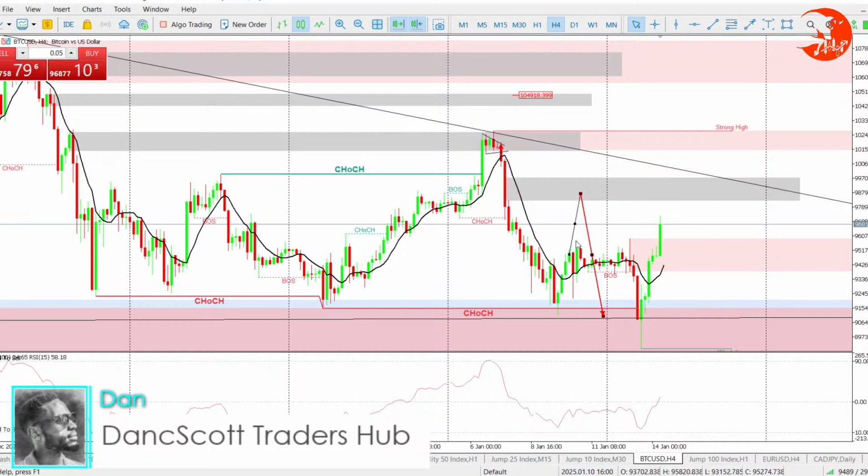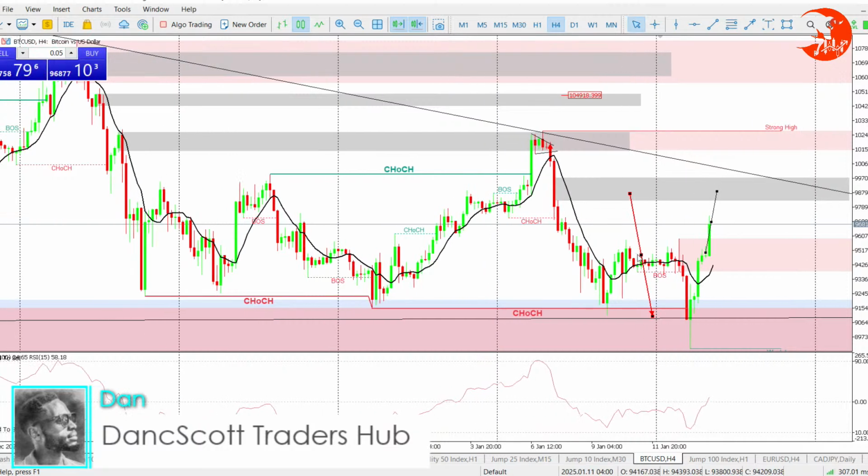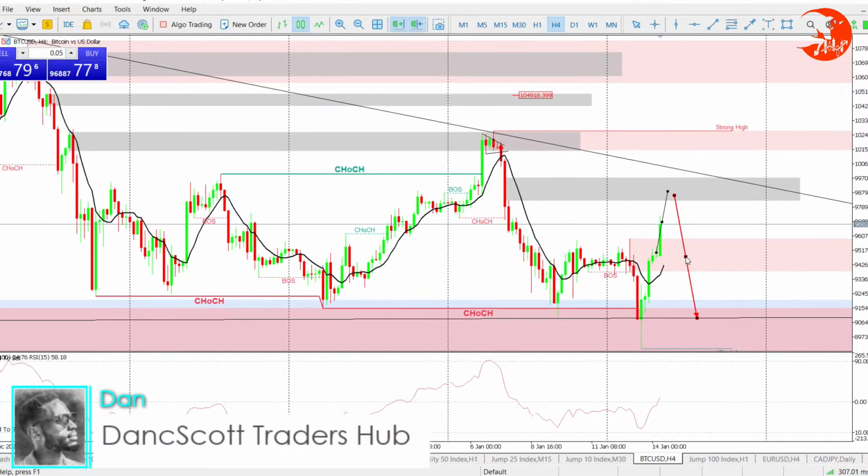So right about now, I may shift this to put it right there, and this to come around this level right here, like that. So if something of sort happens, then I won't come in with my sells.